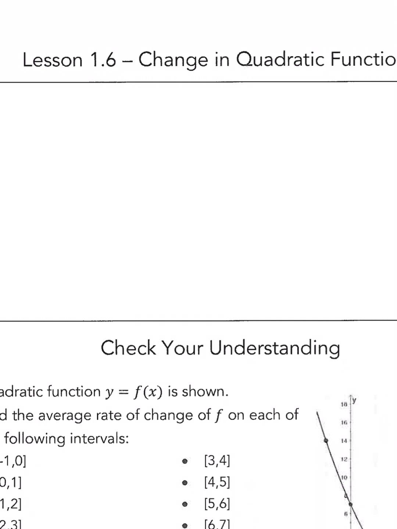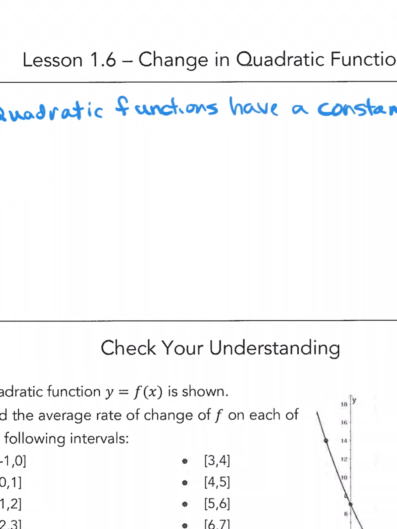Learning target 1. What did we learn? Quadratic functions have a constant, fill in that blank. A constant what difference? Second difference. They have a constant second difference, don't they? All right. Now, what does that mean?